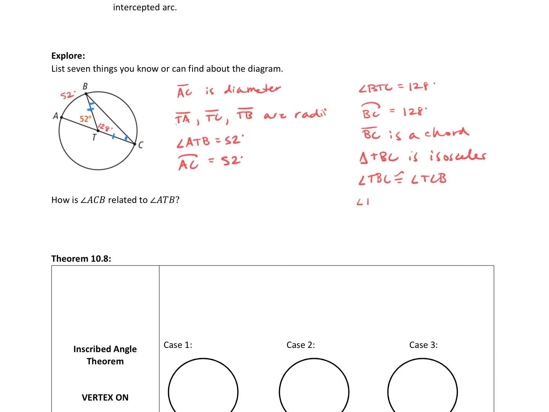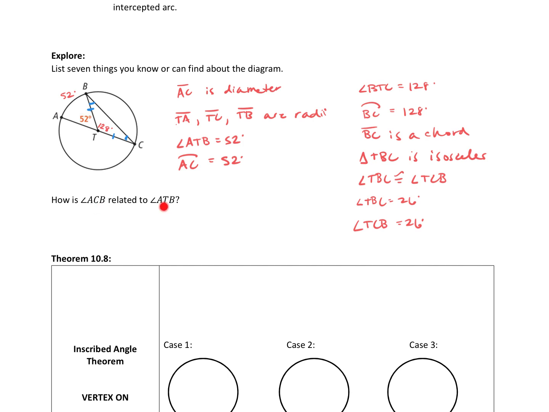So we know that angle TBC is 26 degrees and angle TCB is 26 degrees. All right, how many is that? 1, 2, 3, 4, 5, 6, 7, 8, 9, 10, 11. Oh, we were on a roll. We found 11 things.